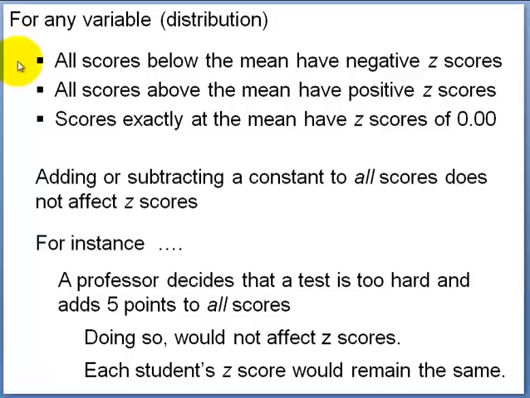But let's run through some facts about z-scores. All scores below the mean have negative z-scores. Those above the mean have positive z-scores. The z-score of a case that is precisely at the mean is 0.00.